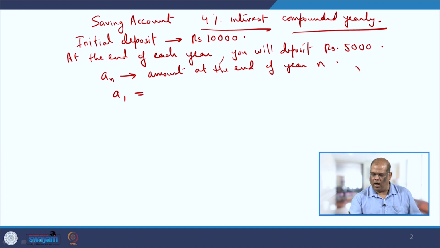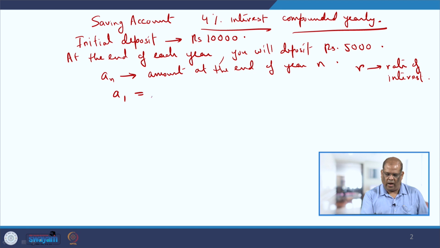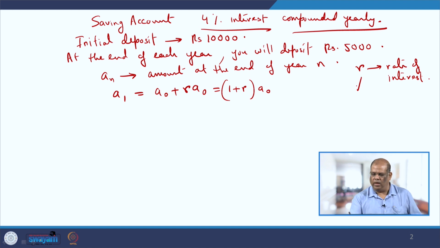If I take R to be my rate of interest, then I have my initial deposit A0, the interest is R multiplied by A0, and I get (1 + R) A0. Please note that this rate of interest is usually not given in percentage, but if it is given in percentage, you have to divide it by 100, and then that value will become the R.